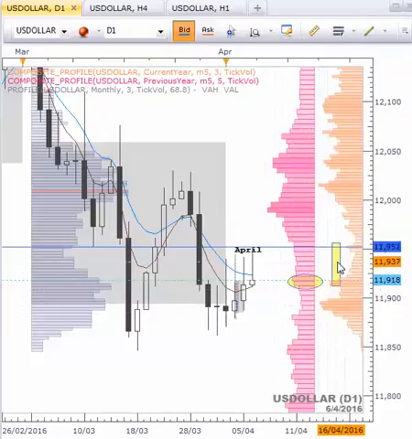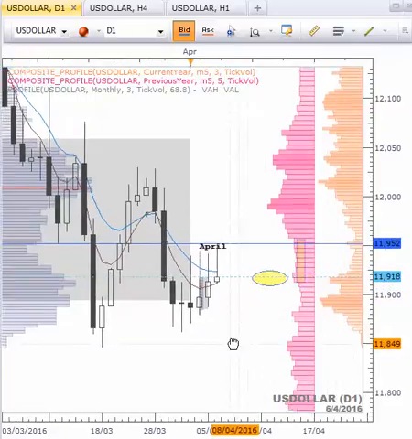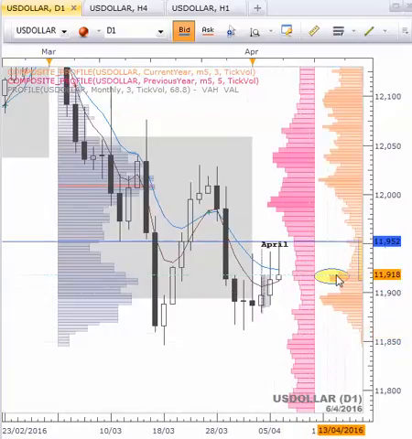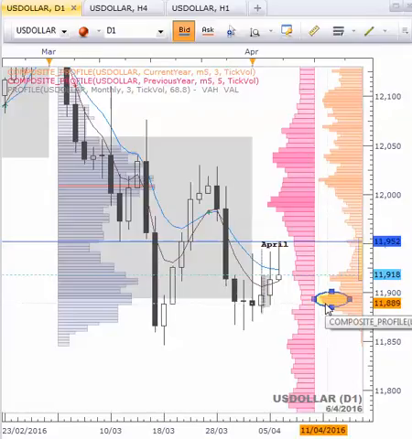Now, looking into the current year's developing volume profile, right where we are now, that's a high volume area. So if this was going to keep going down, we're looking for it to come down into this high volume area here.